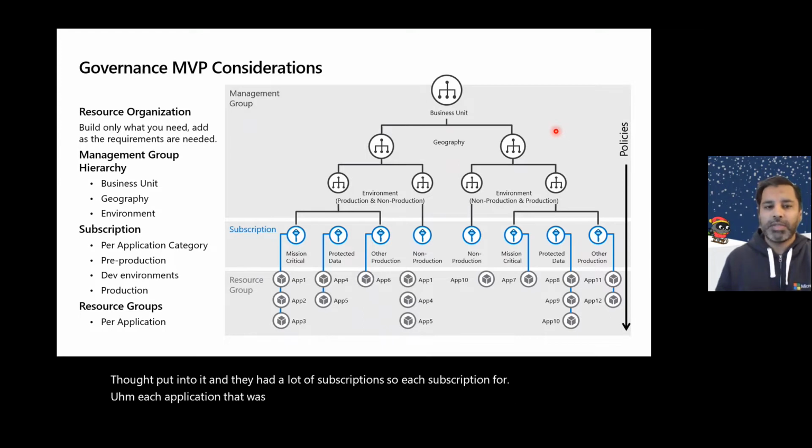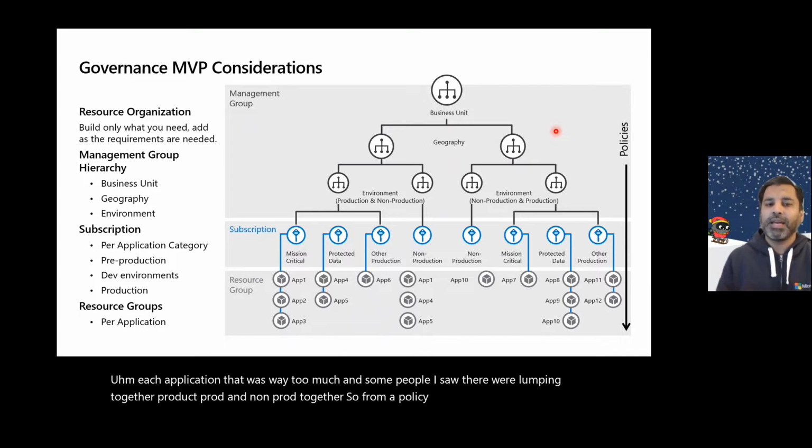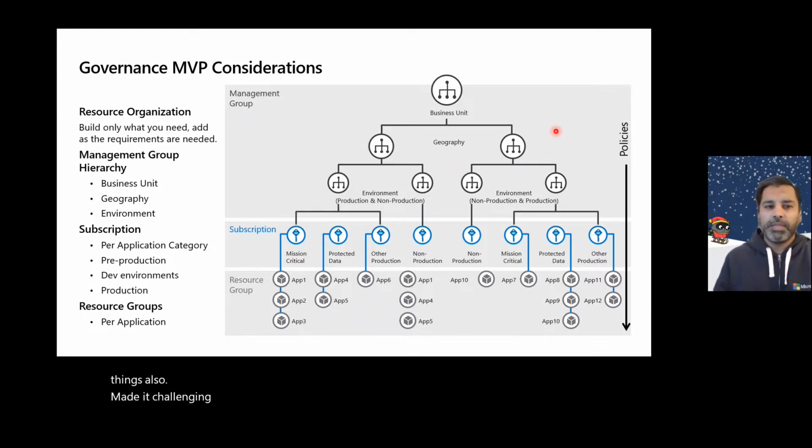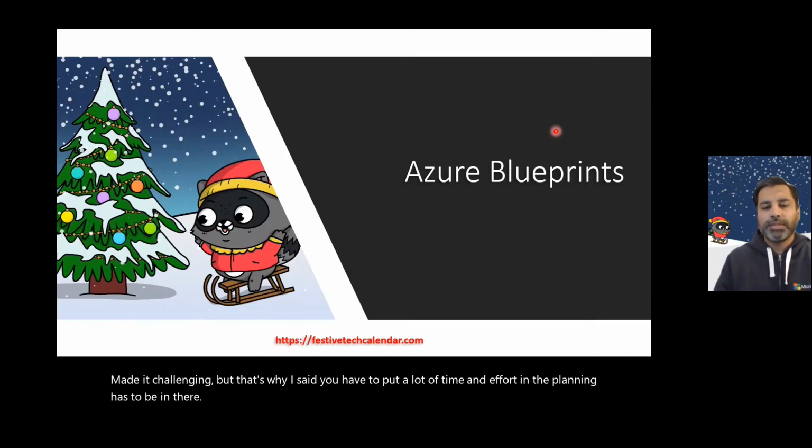And some people I saw were lumping prod and non-prod together. From a policies and tagging standpoint, all those things also made it challenging. But that's why I said you have to put a lot of time and effort, and the planning has to be in there. So now let's talk about Azure Blueprint.